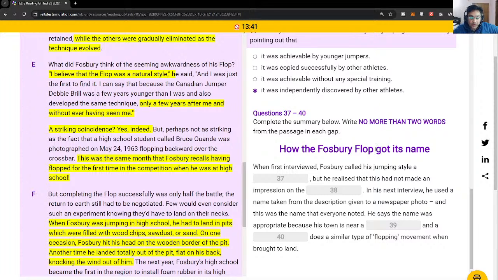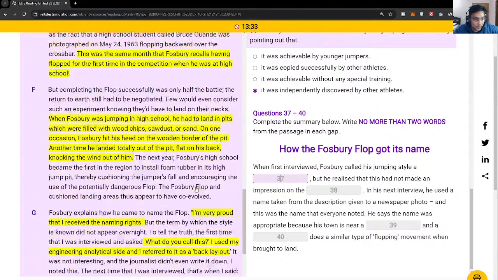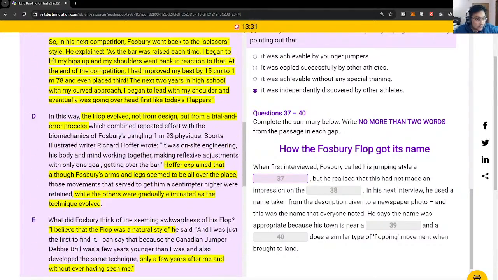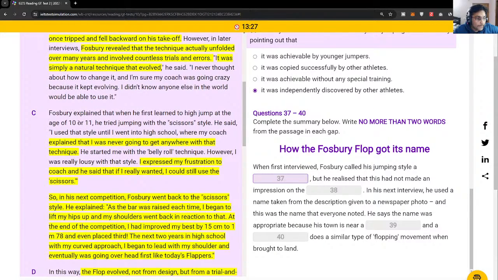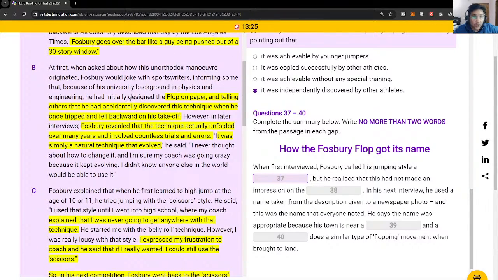How the Fosbury flop got its name. When first interviewed, Fosbury called his jumping style a dash. When was he first interviewed? Not now, not now. When first interviewed, Fosbury called his jumping style a dash.